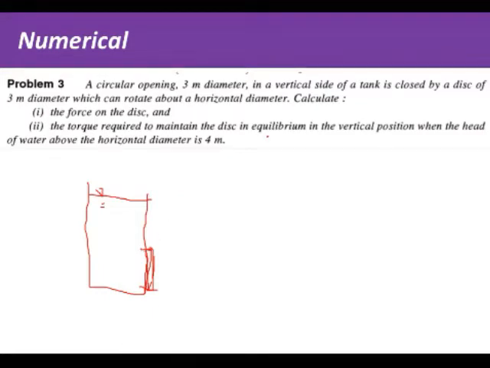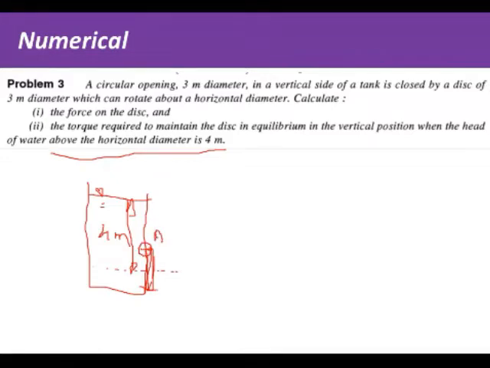From the center line of this disc, the water level is 4 meter above.